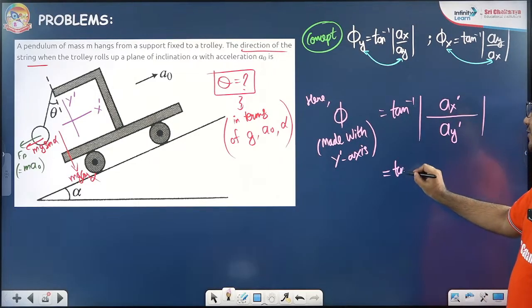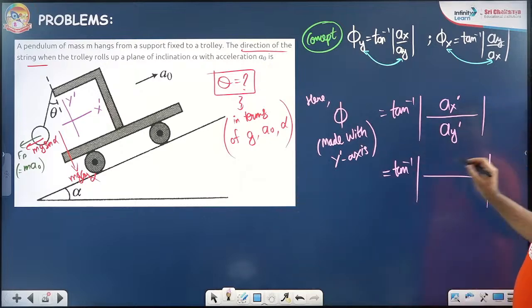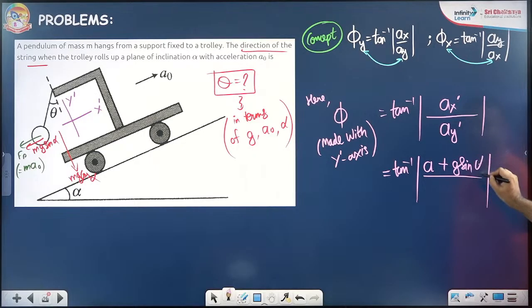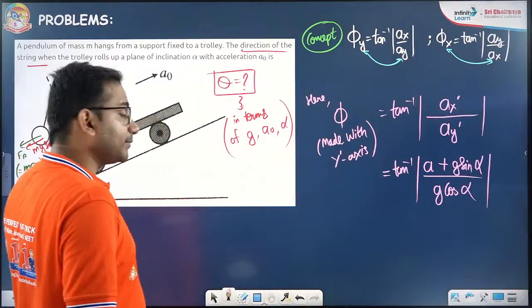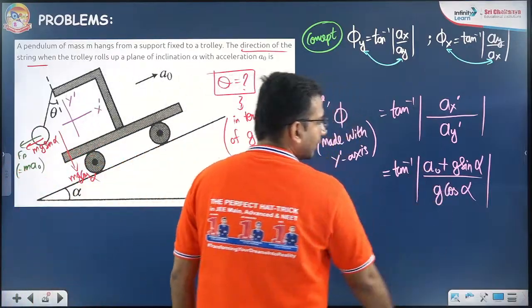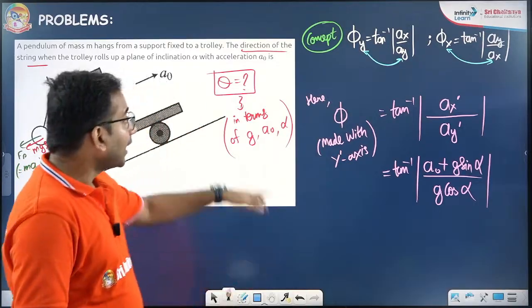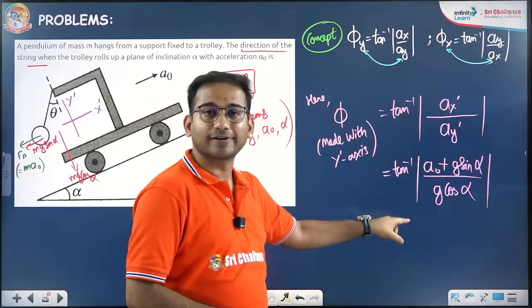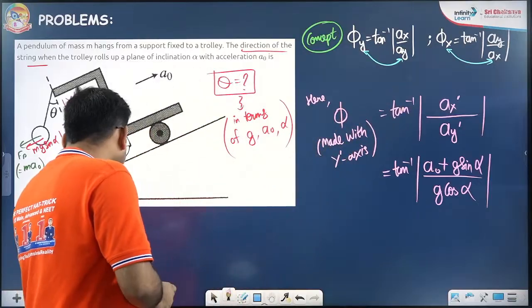So the final answer in one step is tan inverse of Ax dash, along the incline, down the incline, that's a naught plus g sine alpha, and here in the denominator, that's going to be g cos alpha. Perpendicular to the incline, that's g cos alpha. I hope you understood how we directly wrote the final result on the basis of vector property, right?